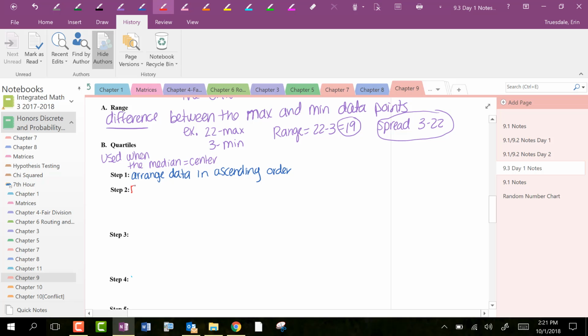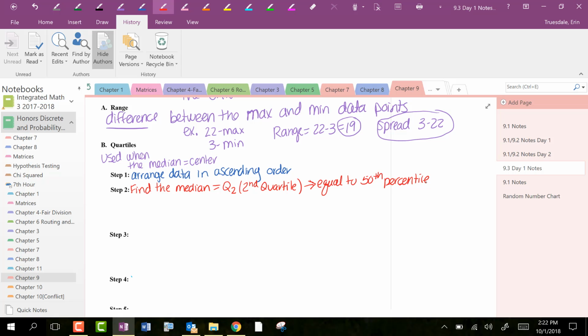Step 2, we find the median, and that's quartile 2, the second quartile. This is equal to the 50th percentile, meaning 50% of the data is above it and 50% of the data is below it. That's what percentile means.